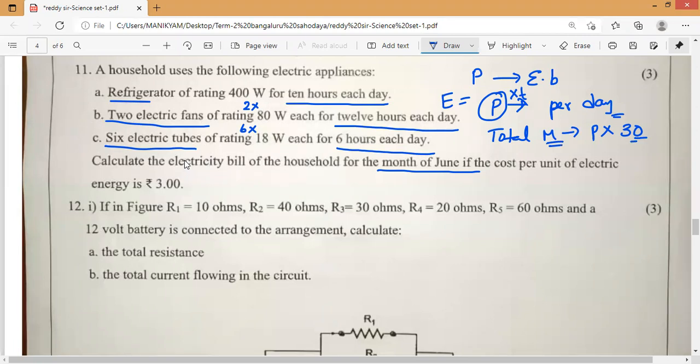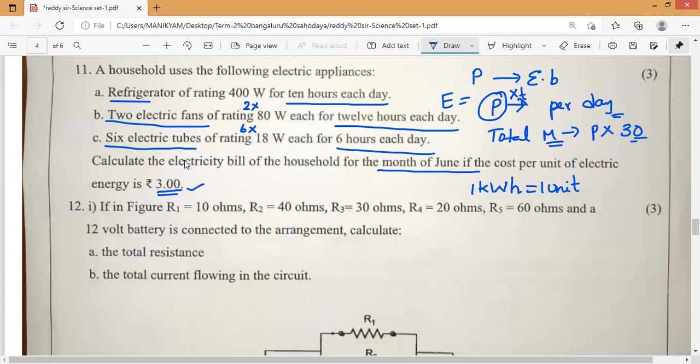Then they have mentioned that each unit of energy costs 3 rupees. Remember, when you are finding the energy for an electric bill, energy must be in kilowatt hours. Understand, everyone? Later we know that 1 kilowatt hour is equal to 1 unit. Then we multiply with the cost, 1 unit costs 3 rupees.